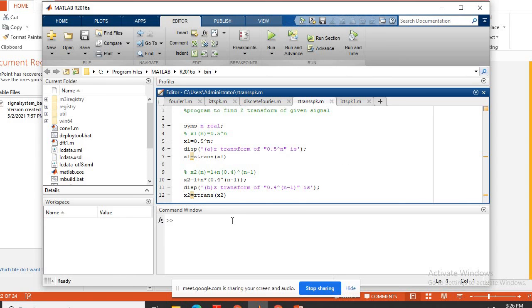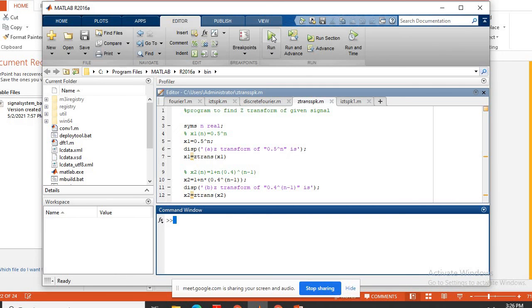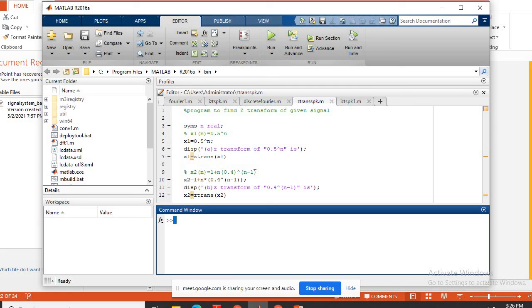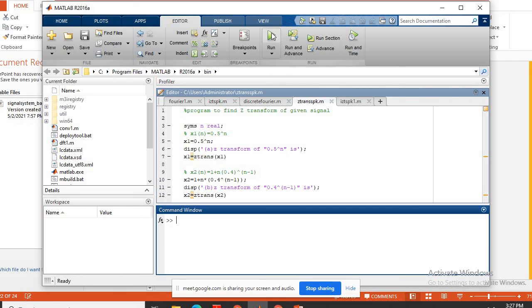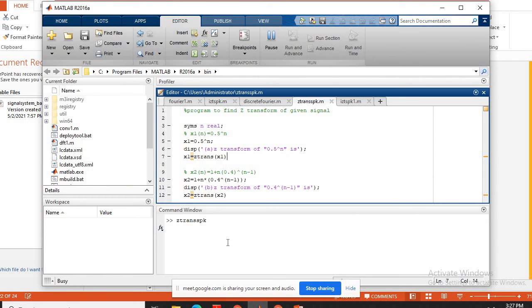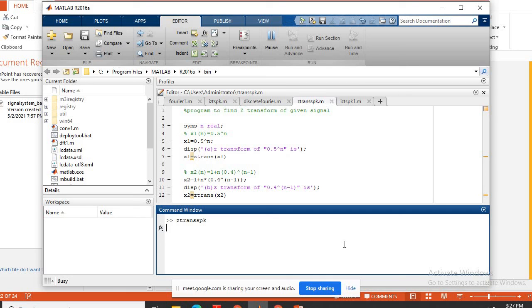It's taking some time. Just a moment, it will show you.